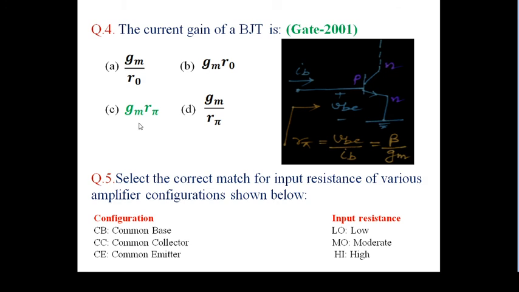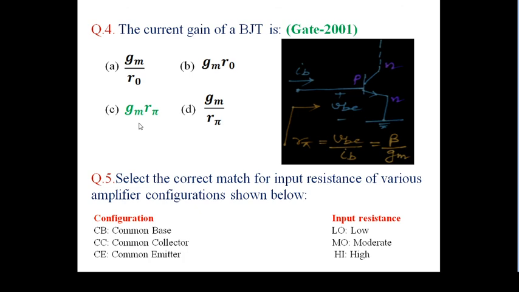We have to match the correct option. Common base has what input resistance? Low value. Common emitter has moderate value, and common collector has very high input resistance.